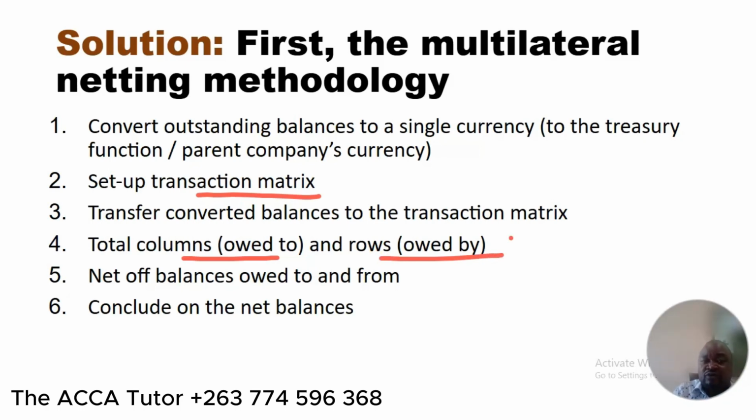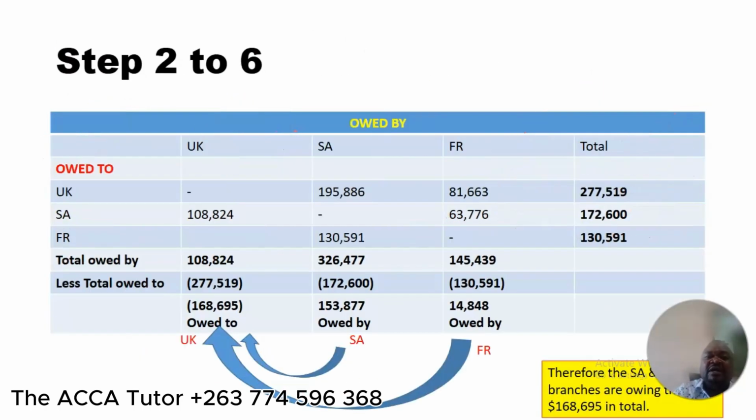We need to have those columns. So we come here. The owed to are actually in columns, whereas the owed by are in rows.